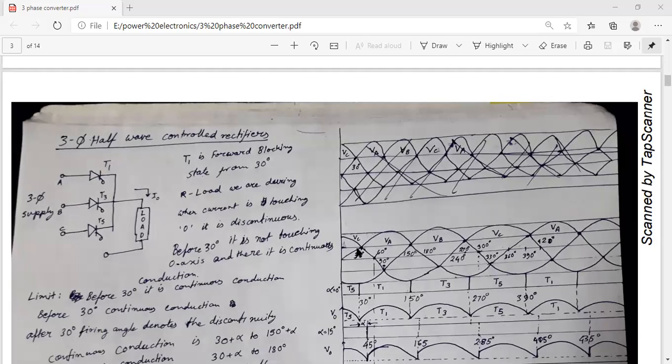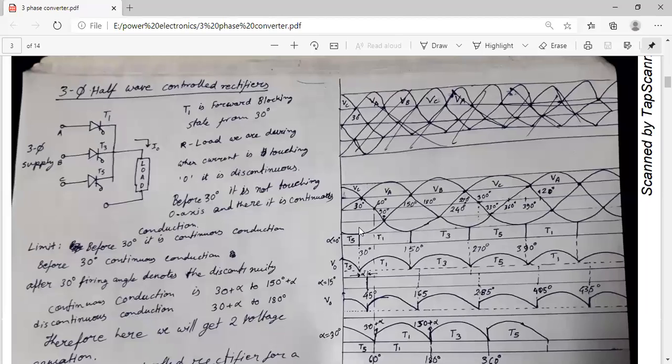So here you can see this is phase A, the signal for phase A. This is the signal for phase B, and this is phase C. So the A phase is starting from 30 degree. Before 30 degree, it is not touching the zero axis, and there it is continuous.